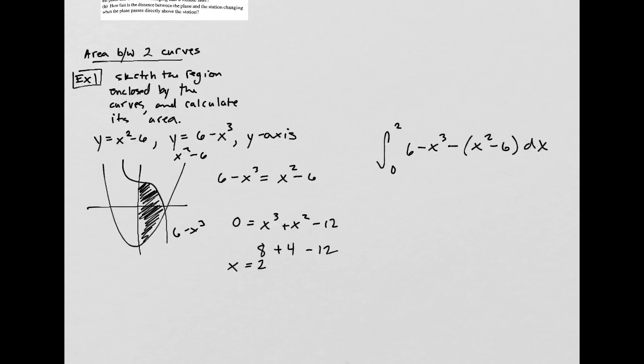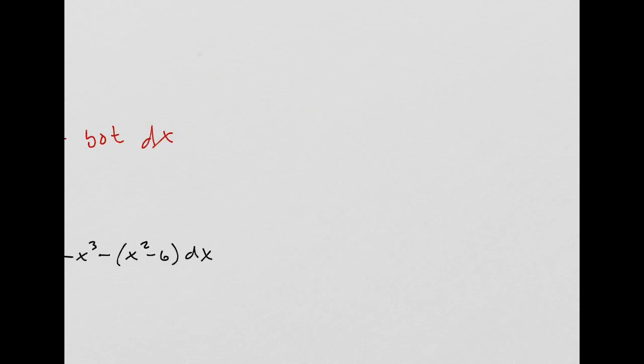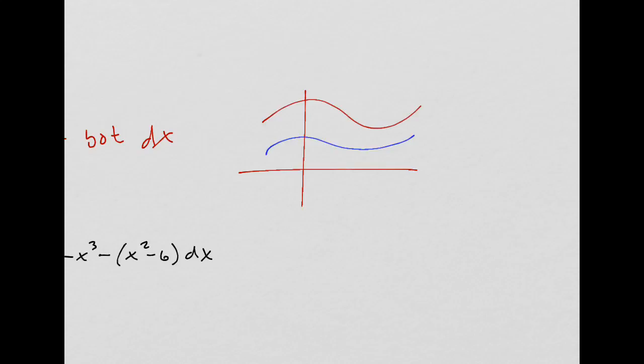If you want to write this down, you would have the integral from a to b of top minus bottom, dx. Top function minus the bottom function, because that captures the area between the two. So if I had two curves, and I went from A to B, the area underneath the red one would be that.